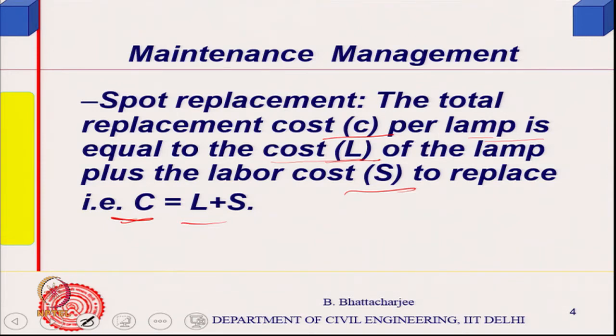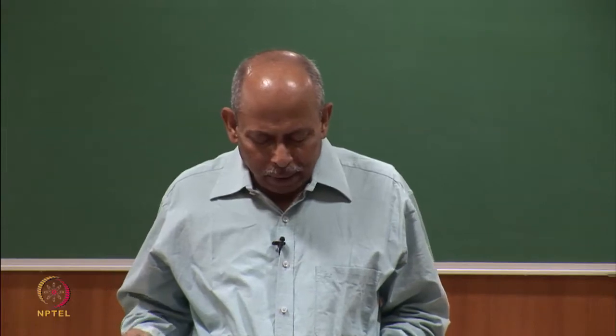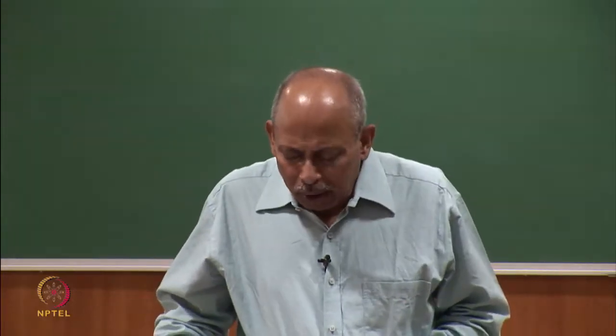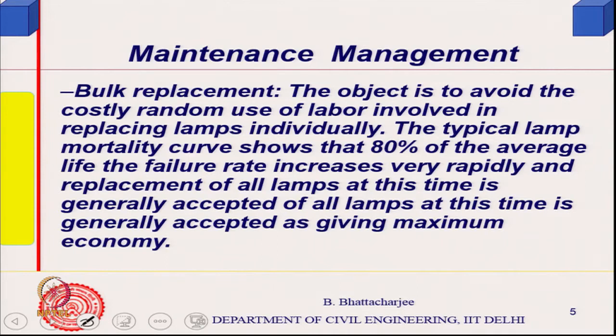If you have bulk replacement, the objective is to avoid the costly random use of labor force involved in replacing lamps individually. That is the idea, because if you call them randomly, labor cost is higher.